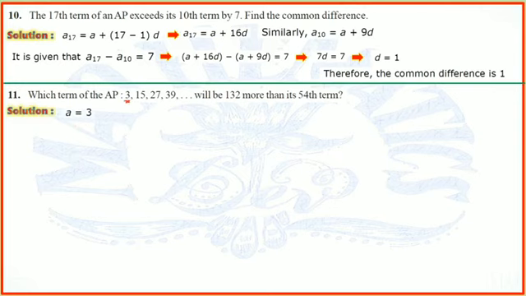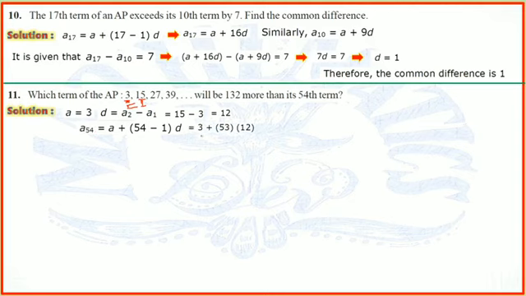So let us go for this question. a is equal to 3, d is the second minus first term, 15 minus 3, which is equal to 12. So the 54th term is a plus n minus 1 into d, 54 minus 1, which is 3 plus 53 into 12.